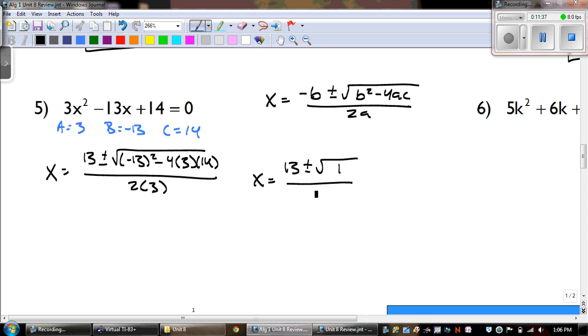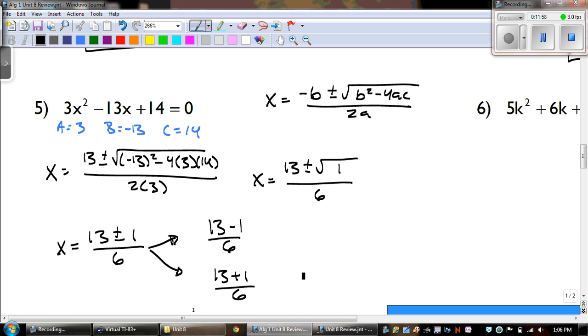And underneath, 2 times 3 is 6. Well, the square root of 1 is 1. So we have 13 plus or minus 1 divided by 6. And that's where we break it off into the 2, where it's 13 minus 1 divided by 6 and 13 plus 1 divided by 6. Okay?